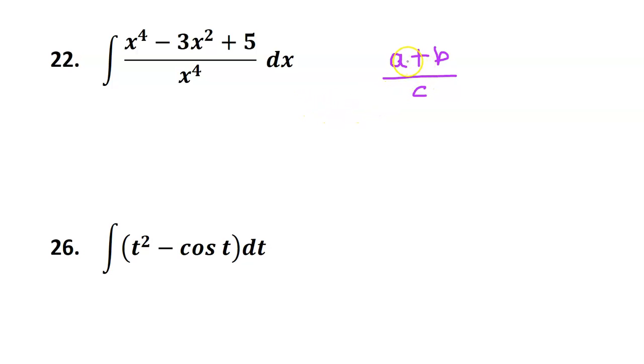For number 22, I'm going to use my a plus b over c rule. This would be the same as a over c plus b over c. So to rewrite this problem, I'm going to divide each term by x to the 4th power and write it separately. X to the 4th power divided by x to the 4th power is 1. And there's my negative 3.